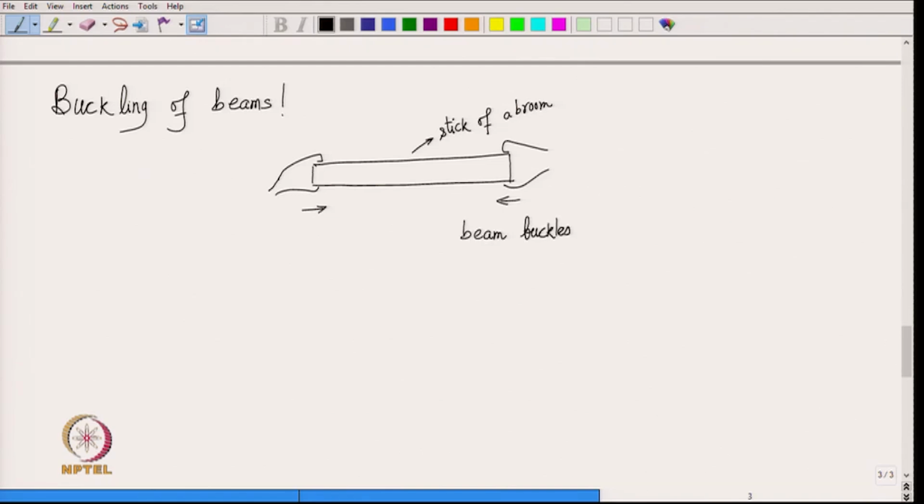Beam buckles suddenly. So, buckling here means bends suddenly when the compressive force reaches a critical value.